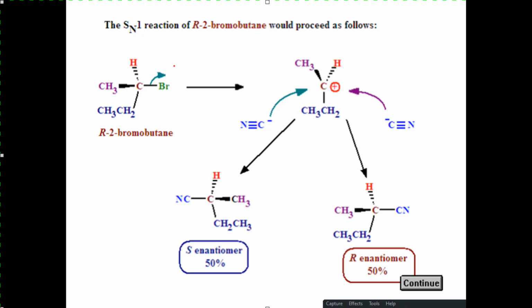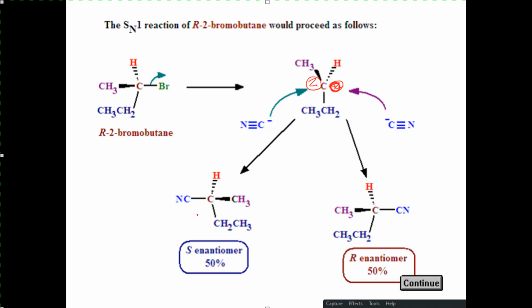So in this specific example, if I took the R 2-bromobutane like I did with SN2, I lose the bromine. I now have this carbocation, which has the empty p orbital. If my nucleophile, CN minus, attaches to both sides, what do I end up with?